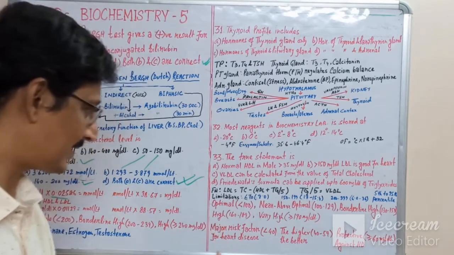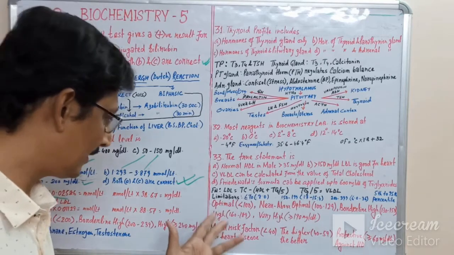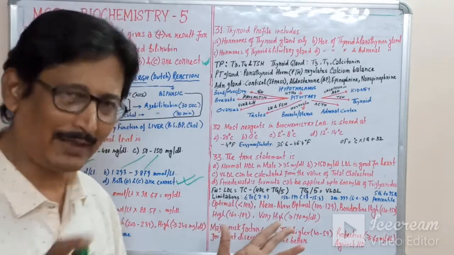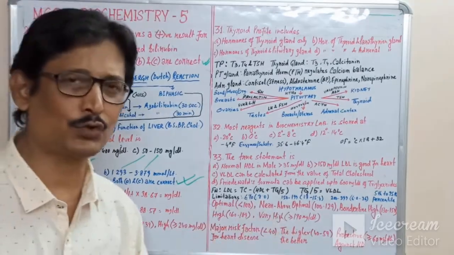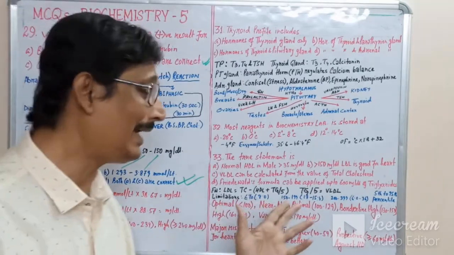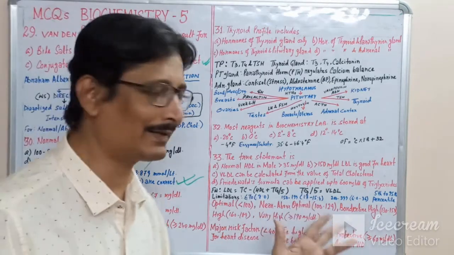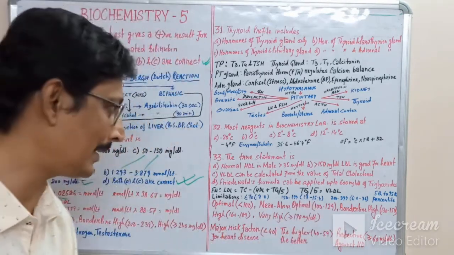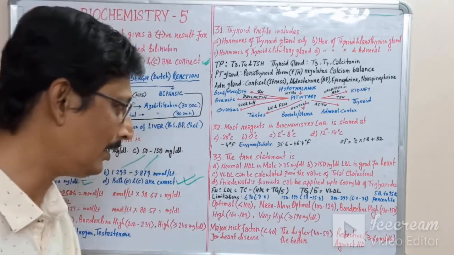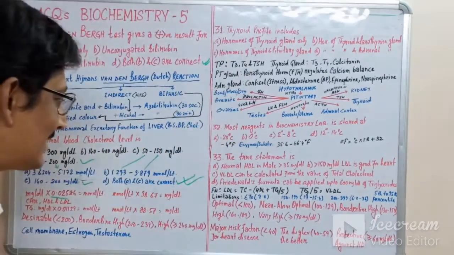Now the optimal LDL value: in optimal condition, LDL value should be less than 100 milligram per deciliter. Near above optimal LDL value is 100 to 129 milligram per deciliter, borderline high is where the LDL value is 130 to 159 milligram per deciliter.